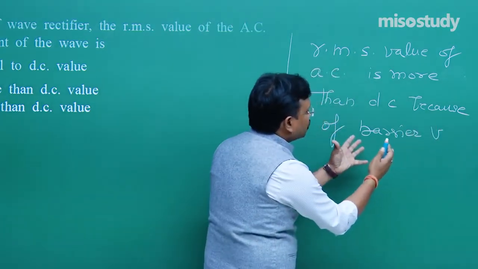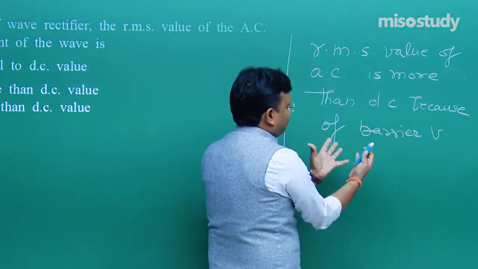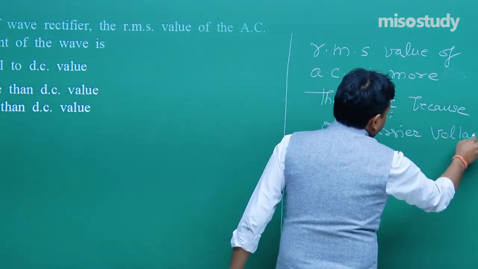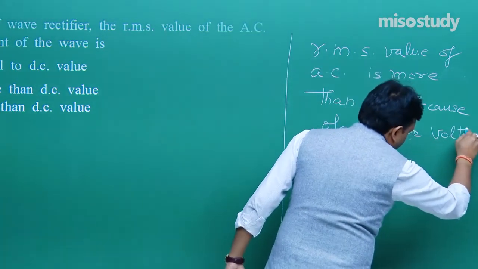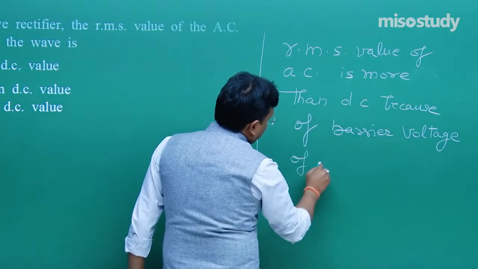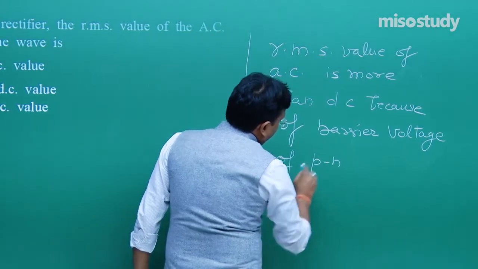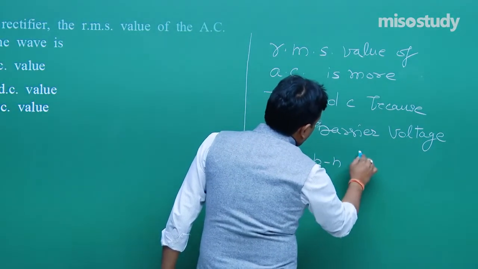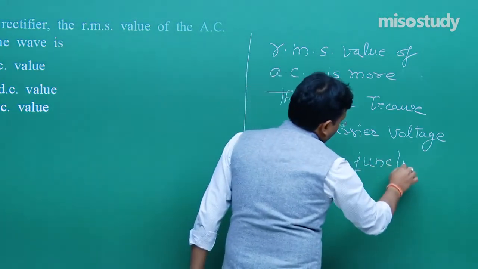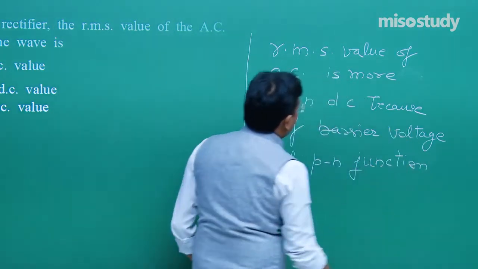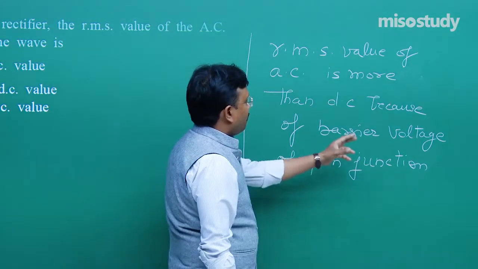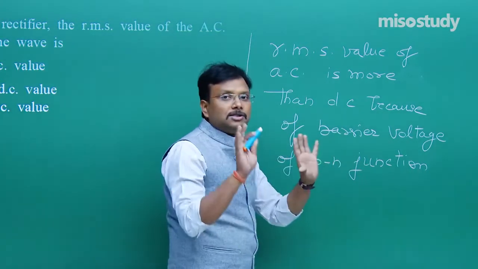This is something which I just want to explain to you, fine. DC, because of barrier voltage of PN junction. So RMS value of AC is more than DC because of barrier voltage of PN junction.